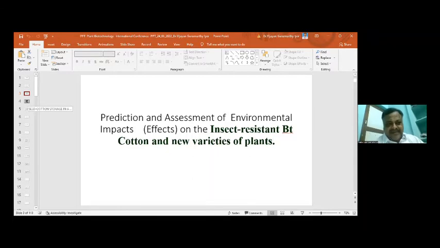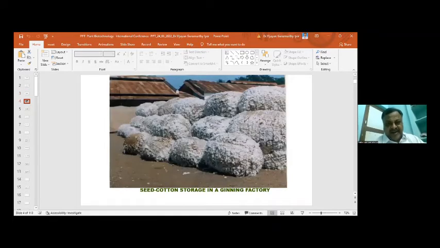Environmental health impact assessment is a systematic identification and evaluation of the potential environmental and human effects of the proposed biotechnological seed cotton projects. For example, insect resistant bollworm seed cotton, genetically modified organisms, as well as naturally pigmented color cottons.